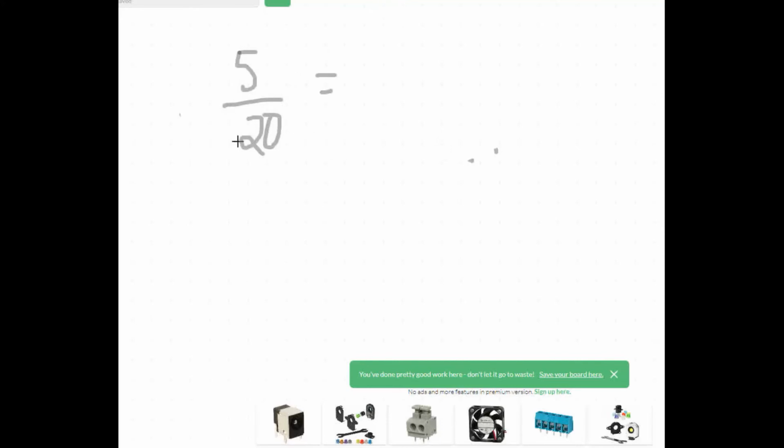The biggest number they have in common? 5. So let's divide in our minds. What's 5 divided by 5? 20 divided by 5. Ta-da! So that means if you have finished 5 out of 20 math problems, you are 1/4 of the way done. So that's what you're going to do on the rest of those.